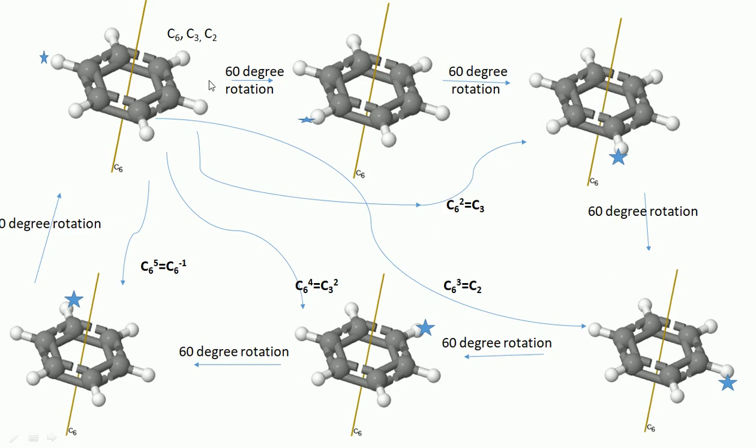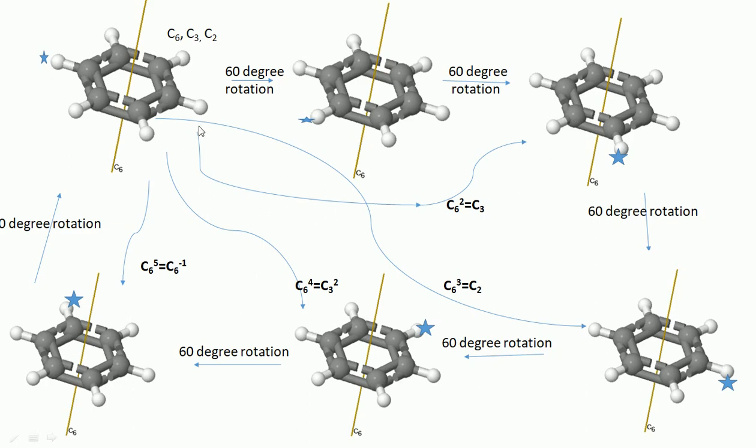So 2 times a 60-degree rotation is equal to a 120-degree rotation. That means this is a C6 rotation, this is another C6 rotation. So C6 2 times equals a C3 rotation.